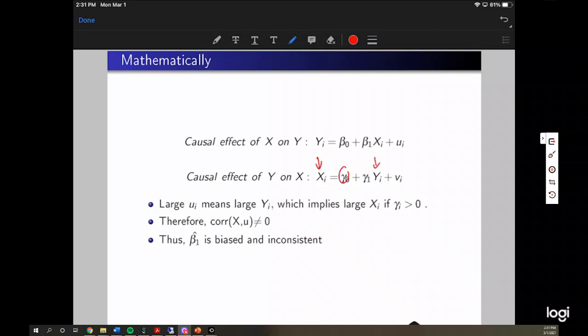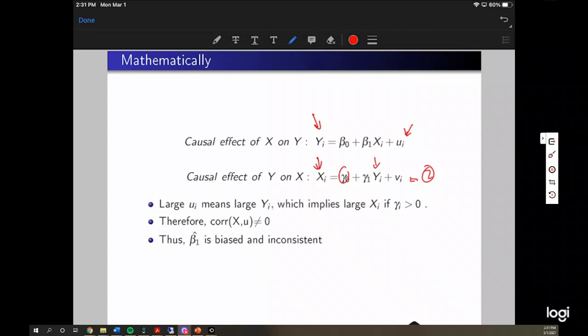If we have a large ui, a large residual for person i, this means that we have a large yi, right? Larger residuals mean larger yi's, and by equation 2, a larger yi causes a larger xi if gamma 1 is positive.